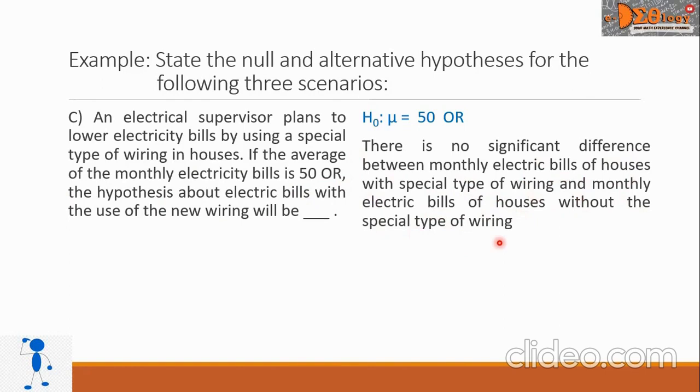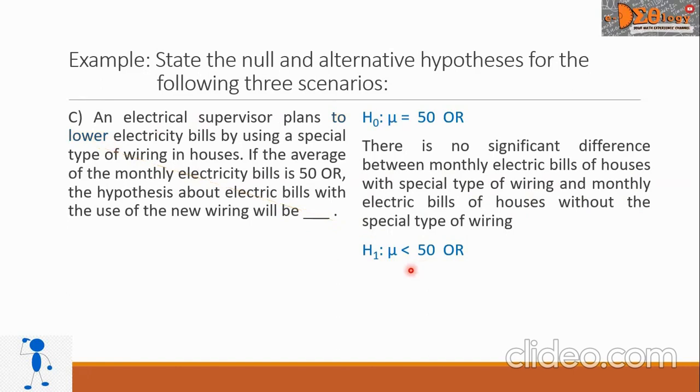For the alternative hypothesis, we write here H sub 1 colon mu is less than 50 Omani Riyal. We write here less than because in the problem there is a word lower, and this denotes a less than condition.